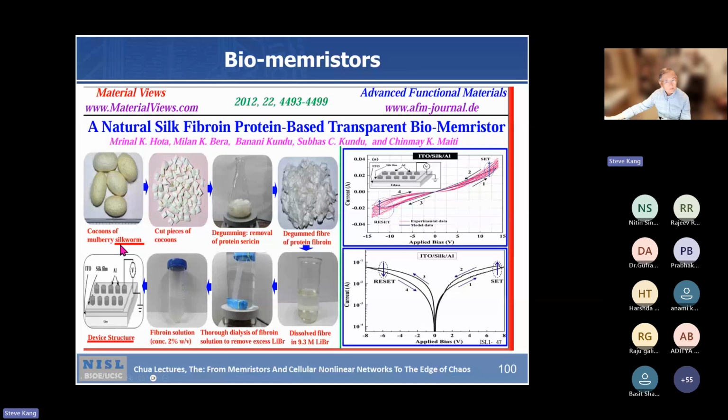You remember silkworm? If you take silkworm, cut it and dissolve it, and then make a device like this, it demonstrates memristor characteristics. So there is an application of silkworm. Using fabric, you can make memristors, and then you can have wearable computing, even on a costume, because silk has memristive characteristics like that.